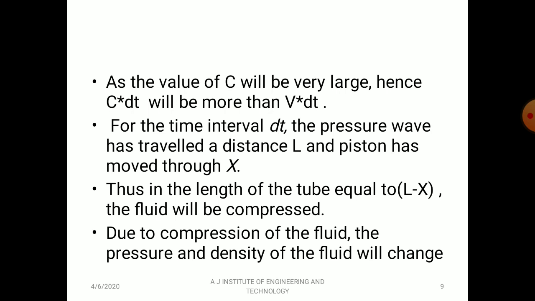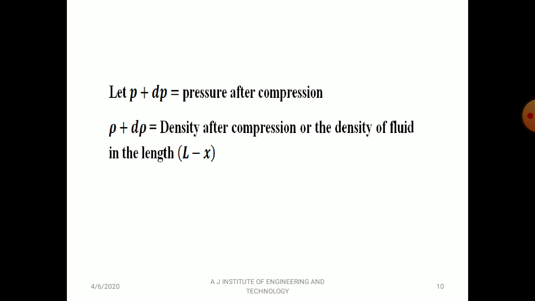Due to the compression of the fluid, the pressure and density of the fluid will change. From the equation of state, PV equals mRT, when the pressure increases, the density increases as well as the temperature. So let us define the terms. P plus dP is the pressure after compression.